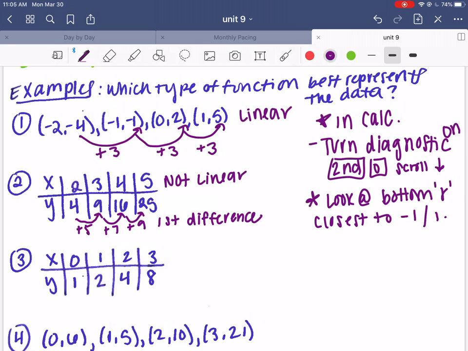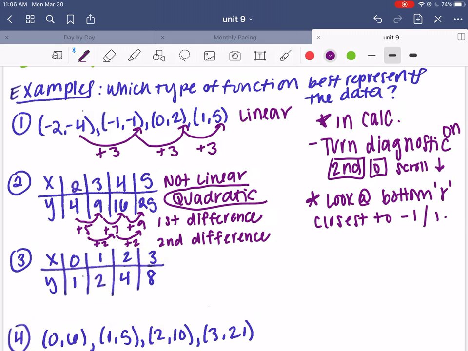And then the quadratic thing is next. Watch what happens now. If I try from the first difference to see how it changes, from 5 to 7, I go up 2, and from 7 to 9, I go up 2. This is the second difference. And if the second difference is the same, then it's going to be quadratic.